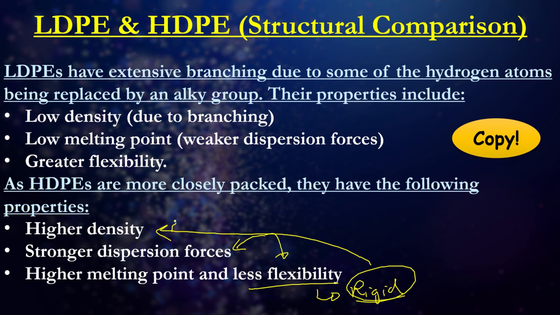Another thing you might also want to mention is that this particular monomer only has dispersion forces, no dipole, no hydrogen bonding, as the structure only has carbon and hydrogen in it. Okay, so that's what we have there. Alright, I'll just give you a bit of time to copy.